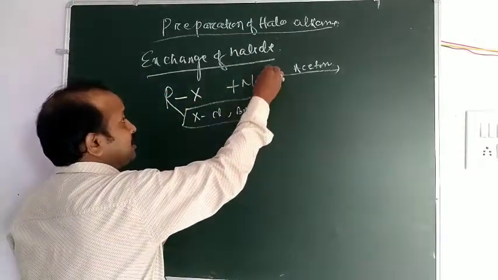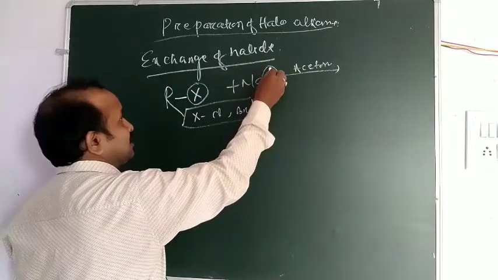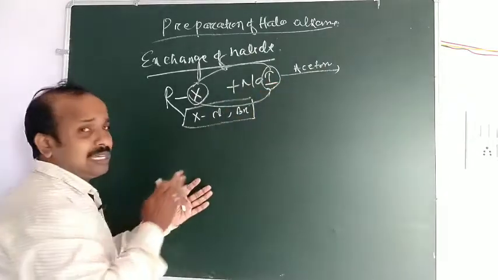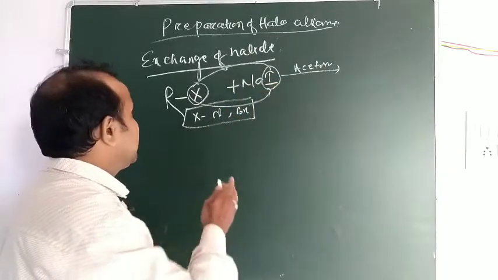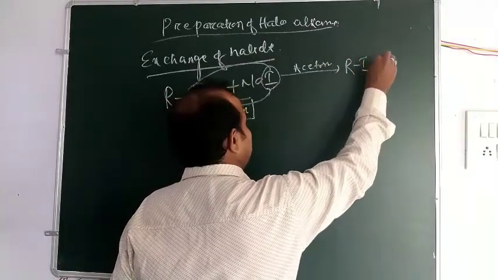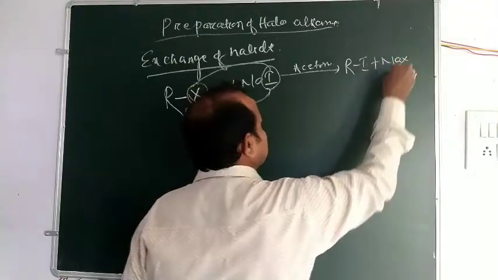Exchange means here is one halogen, here is also one halogen. This halogen moves to this and this halogen moves to this. The product is iodoalkane RI plus NaX.